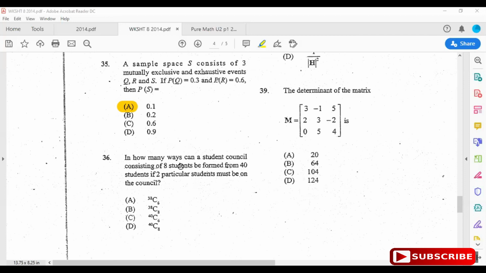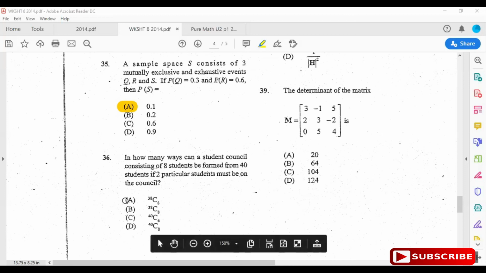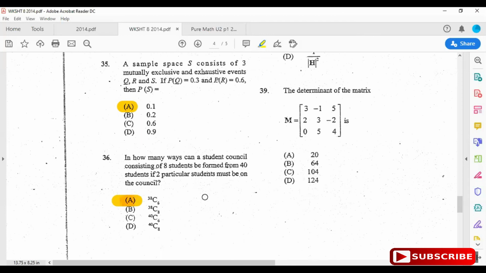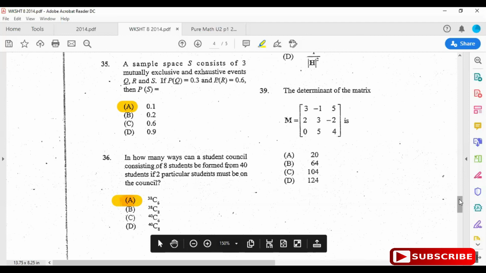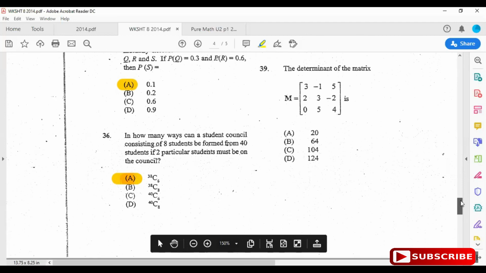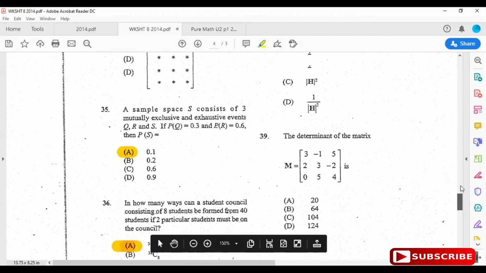So how many are left that I'm choosing from is 38. So it is 38 choose 6, because those 2 persons are sure, their spots are already taken. So it is A. Easy question.